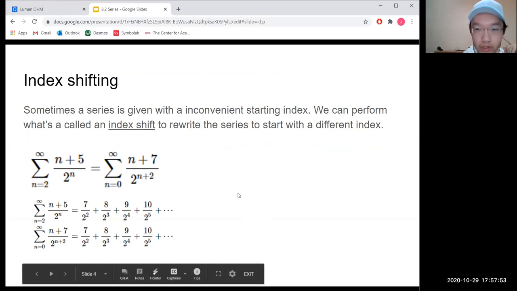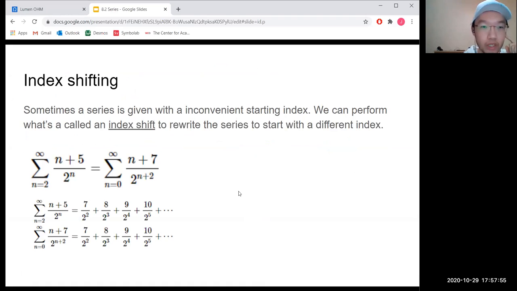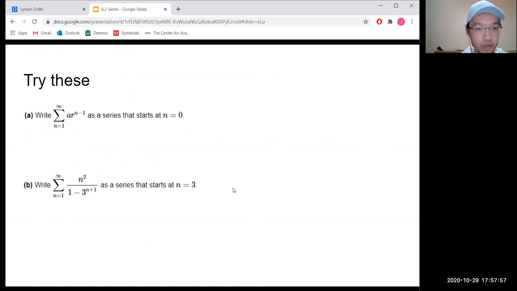Okay, since this is new, why don't we take a moment just to try these practice problems here. Here are 2 examples, and the direction says to perform an index shift. Let me give you guys some time to try this on your own. How much time should I give you?